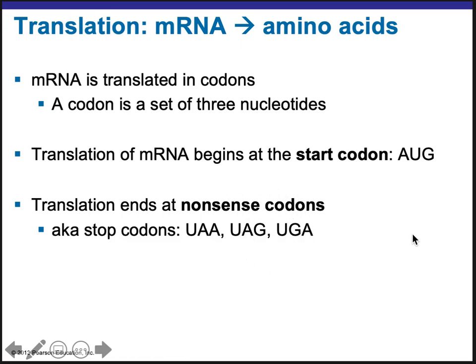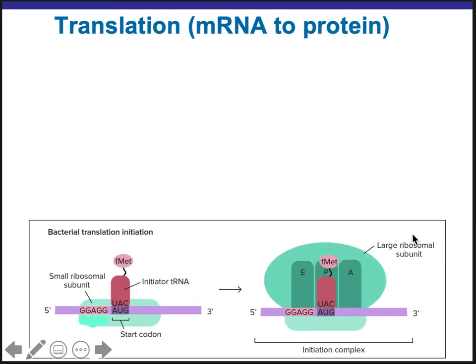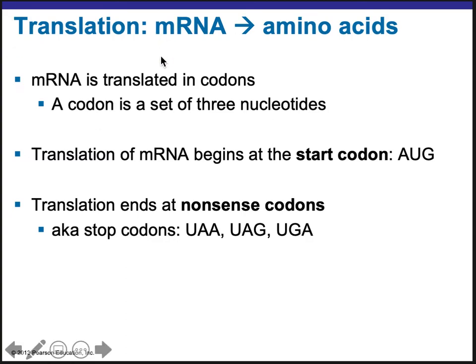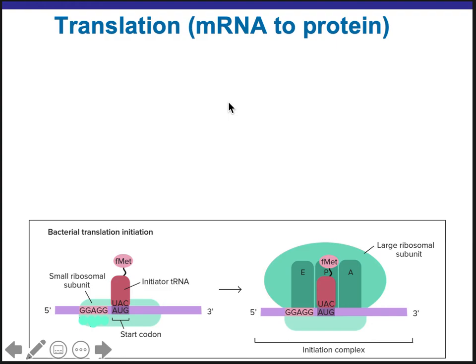Okay, so this part is the same whether you're a eukaryote or not. It's just the location in the cell that will be different. Okay, now the specific steps of using the codon to put in the amino acids is what we're going to focus on next.